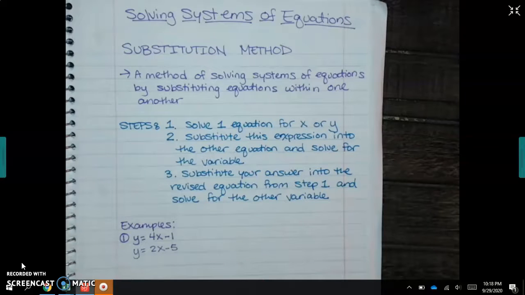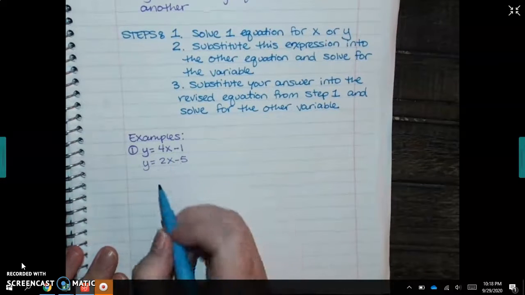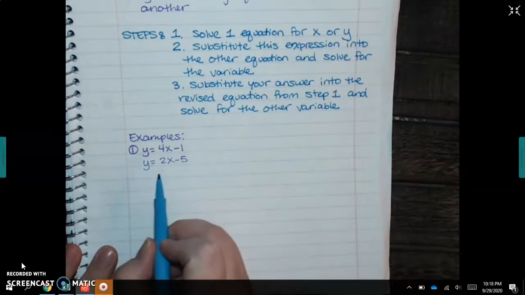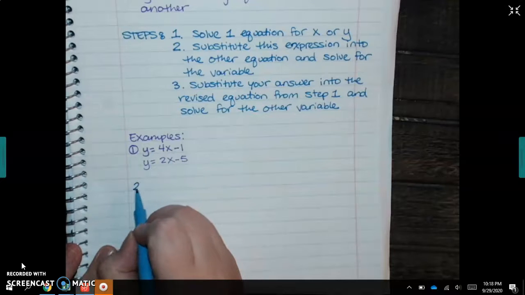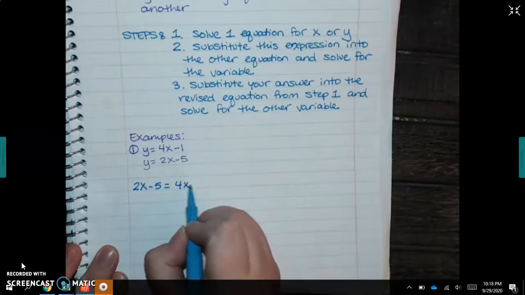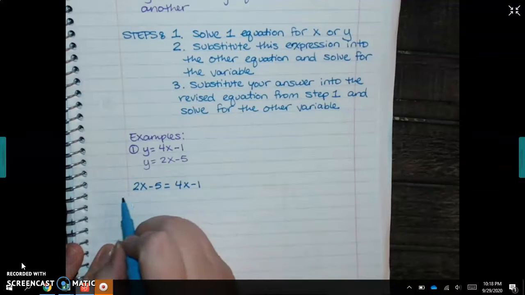Example number 1, y equals 4x minus 1 and y equals 2x minus 5. Notice both of these equations are solved for y. For that very reason, we can set them equal to each other by substituting out the y for 2x minus 5. Now we will go ahead and solve this equation.